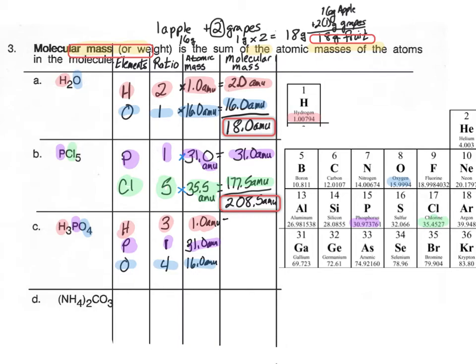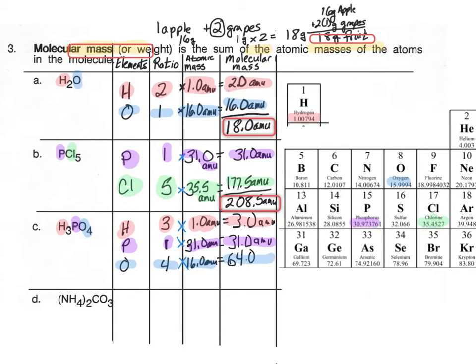Total mass of just the hydrogen then is 3 times 1.0 AMU for a total of 3 AMU. The total mass for phosphorus is 1 times 31 AMU with a total of 31.0 AMU. The total mass of the oxygen is 4 times 16.0 AMU, which is a total of 64 AMU.